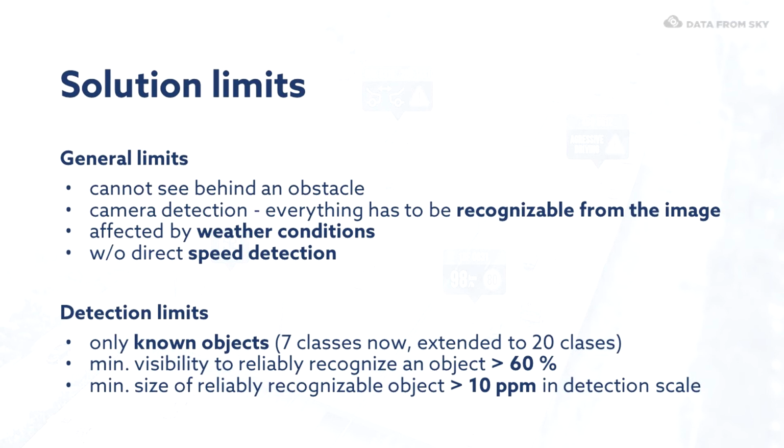If we see 60% of the object, then the algorithm is capable of recognizing it. And each object needs to have 10 pixels per meter in detection scale to be recognizable. If we see a far object which does not have this resolution, it is very difficult for the algorithm to detect or categorize it.